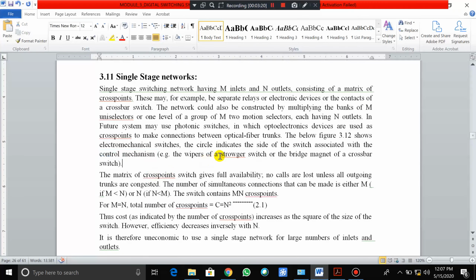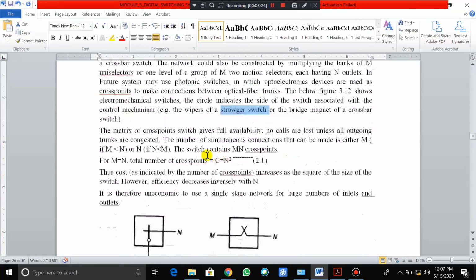For an example, we have a crossbar switch, which we discussed in module number 2. The matrix of the crossbar points gives full availability, so no calls will be lost unless all calls going to trunks are in congestion.